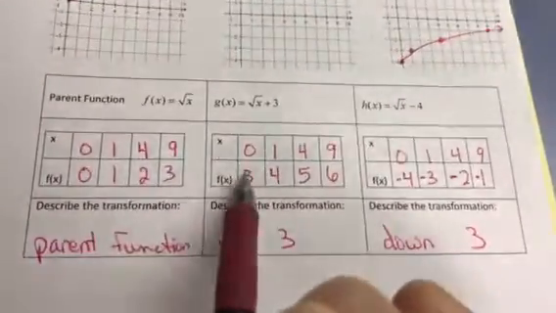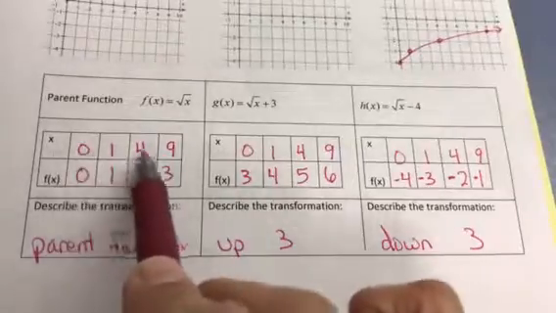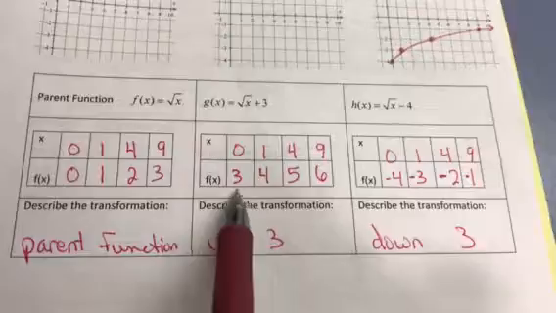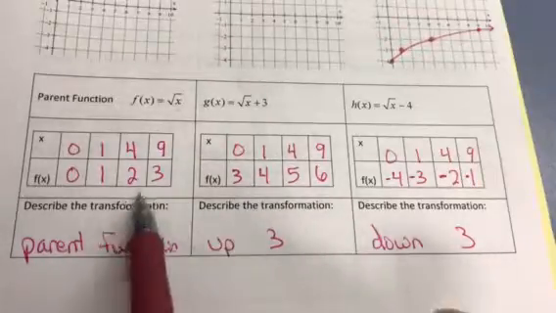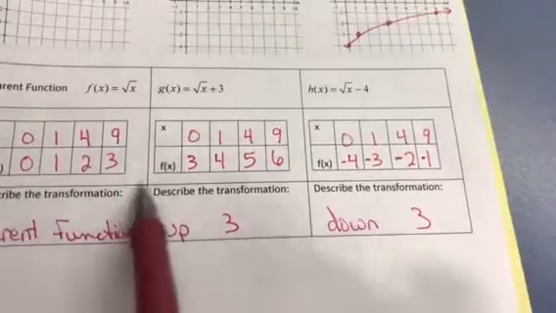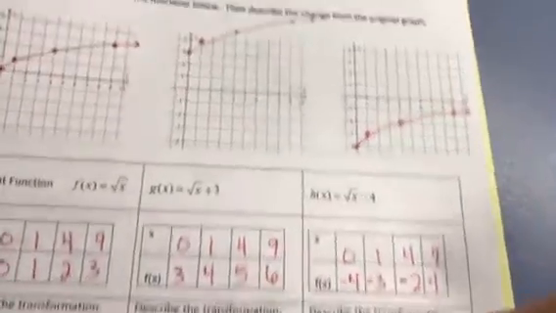And then we saw, once we looked at those points, that that is what happened with the y-coordinates. While the x's all stayed the same, the y-coordinates added 3, added 3, added 3, added 3. Here, subtracted 4, etc. Okay? Oh, by the way, page 122 in your notes, if it's not on there yet.